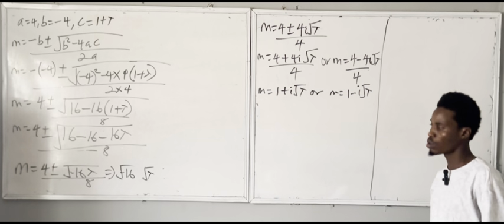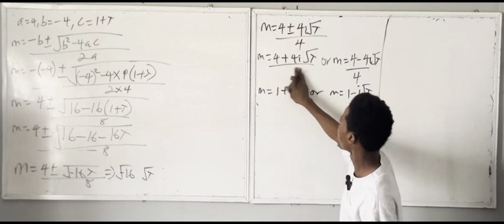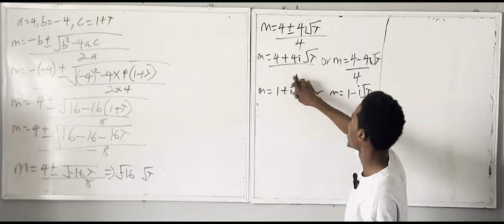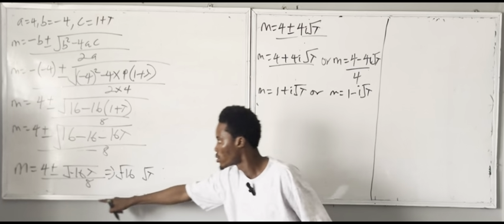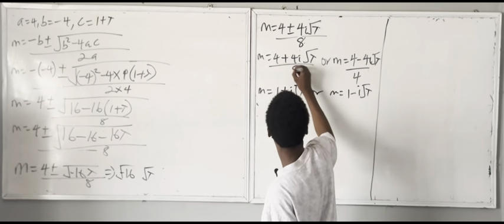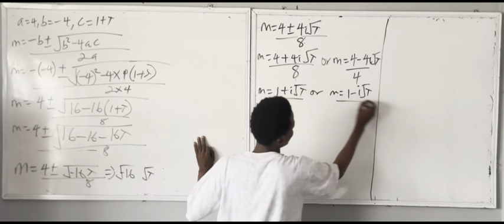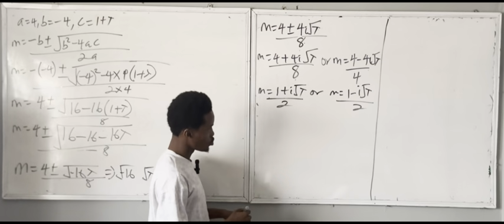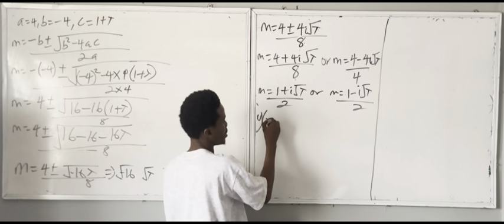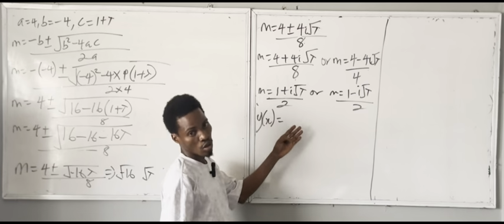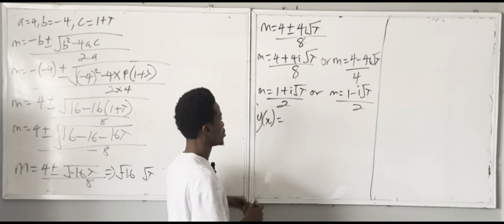This is our solution, because sorry, it's not 4 here, I have 8. So 4 over 8, I'm going to have 1 over 2. So what I'm going to do next is, my y of x, I see it is a conjugate root.